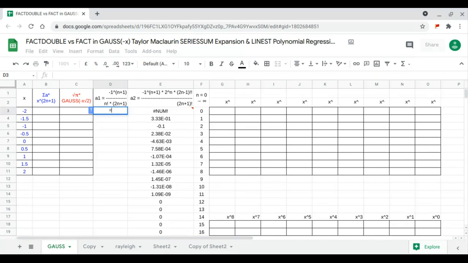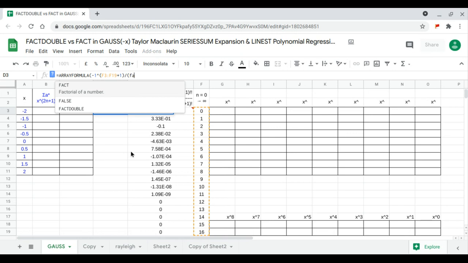So this is equal to array formula minus 1 raised to the power n plus 1, divided by, there are two parts. First part is factorial n.